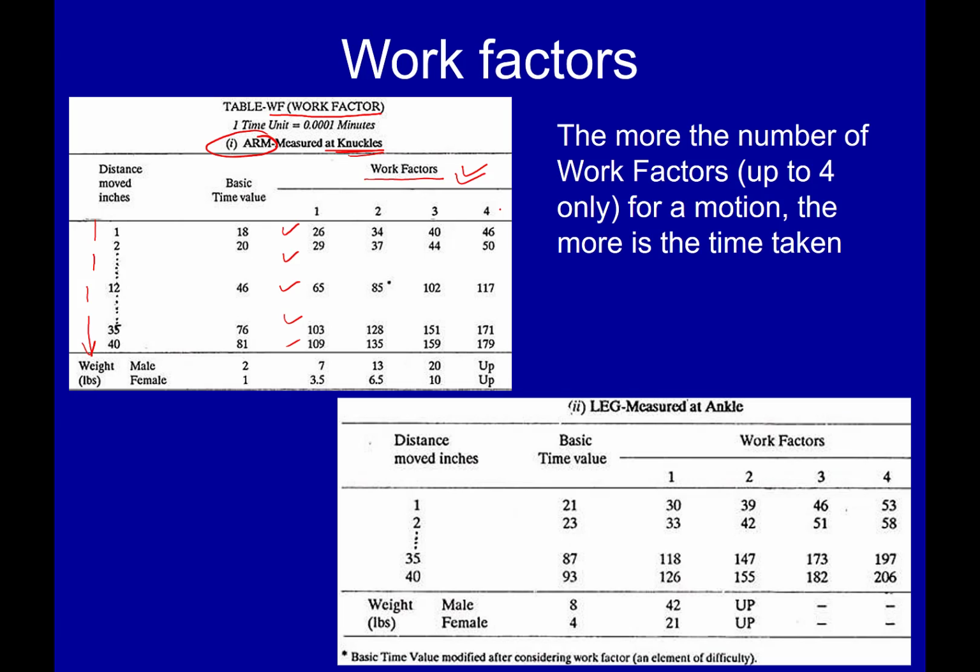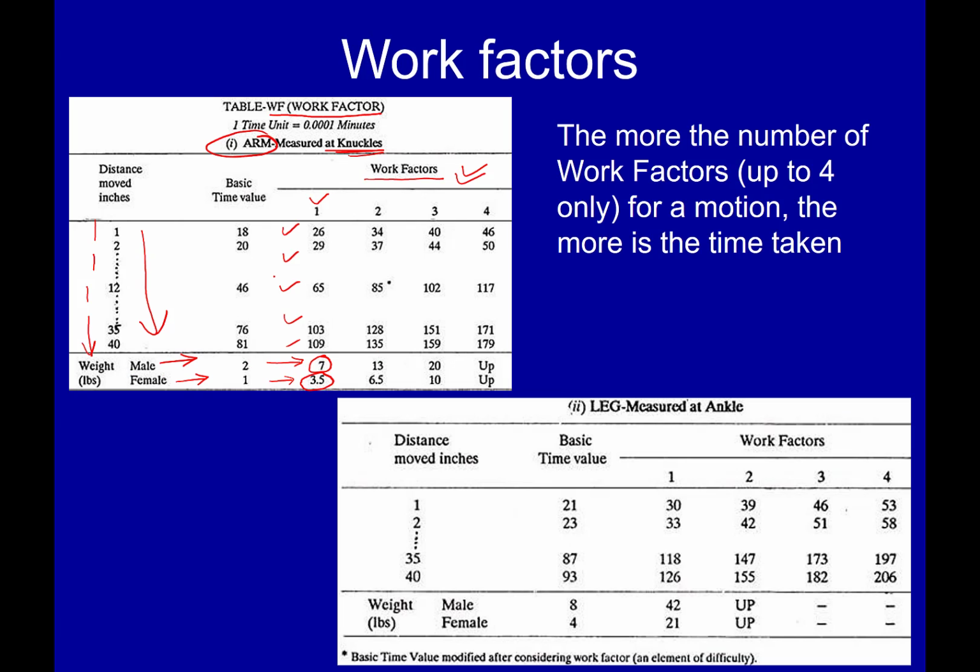Say this is about the distances traveled by the arm. Then who is performing the job, male or female? Based on that, there is a difference in the time values. For a male, weight up to 7 pounds is work factor 1. For a female, weight up to 3.5 is work factor 1.